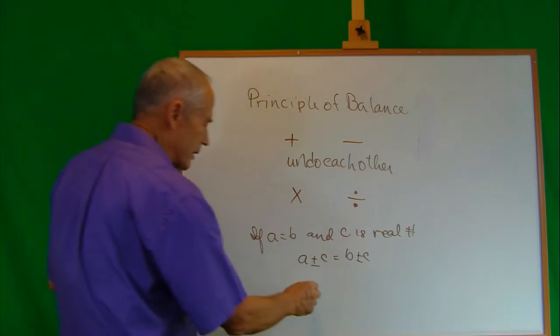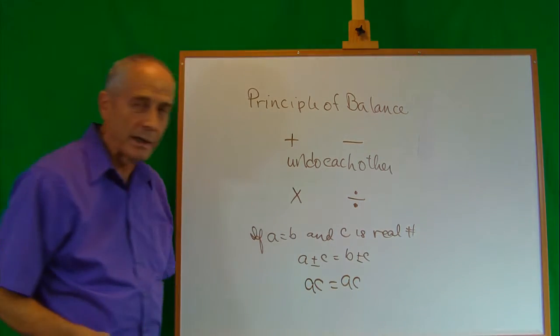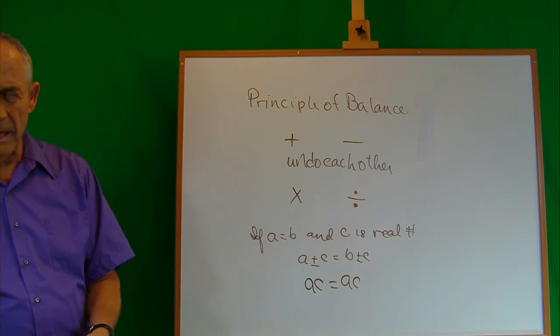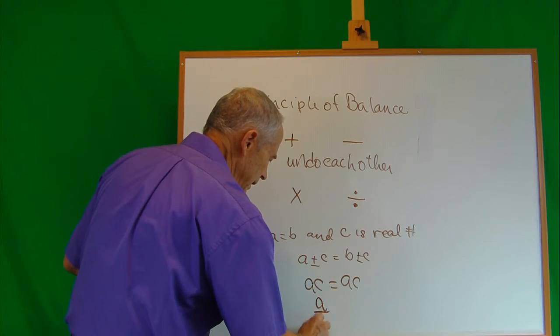By the same token, if I multiply each side by the same thing, it maintains the balance. And we talked about the third one, if we divide.